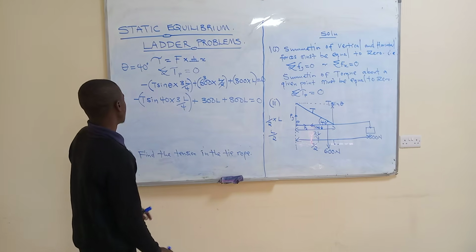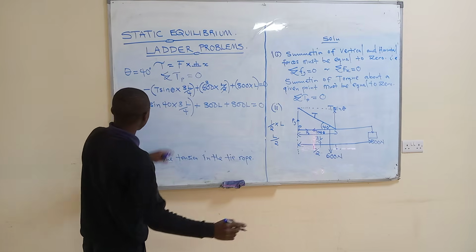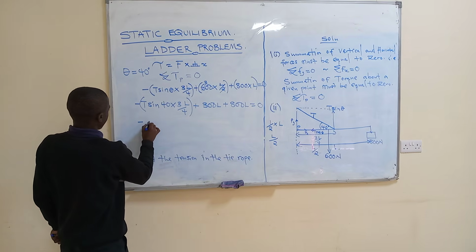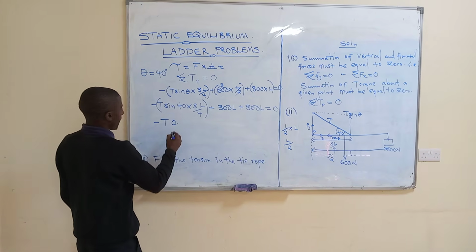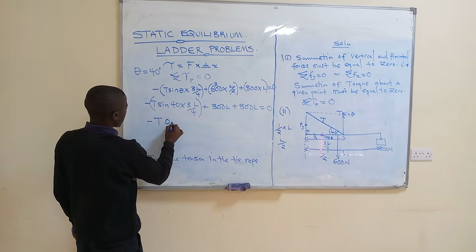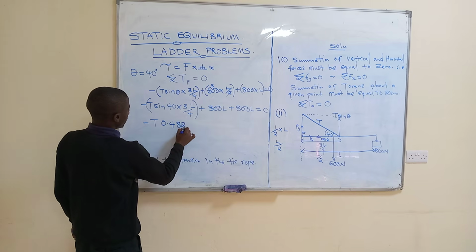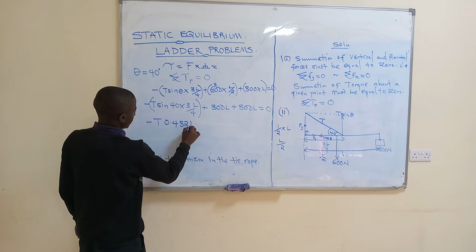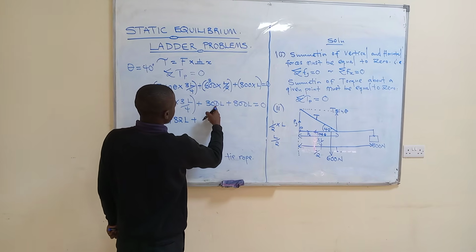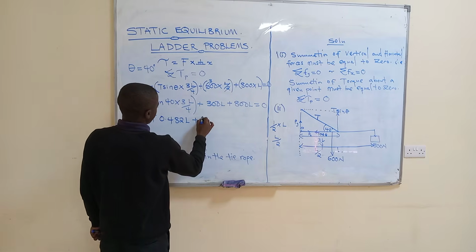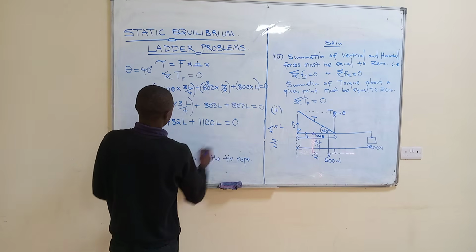If you punch sine 40 times 3 over 4, what are you getting? 0.482. So don't forget that L plus 300 plus 800, 1,100 L is equal to 0.